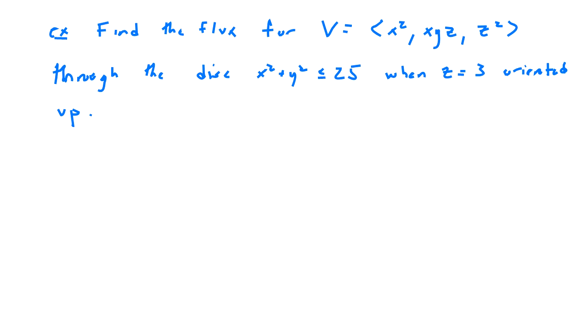But before I do, and I'll actually do that later, let me ask, what is the normal vector to the disk? And this you should be able to do without doing the cross product like we did before.